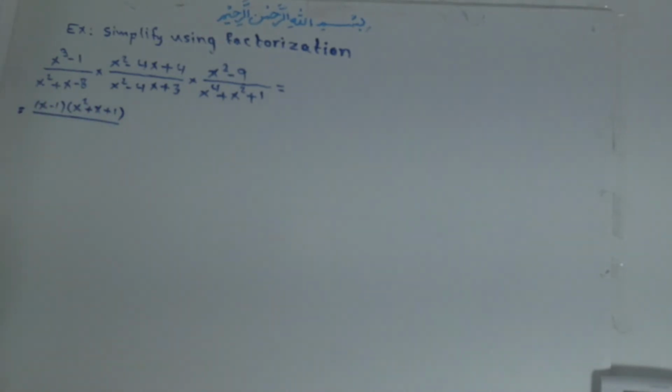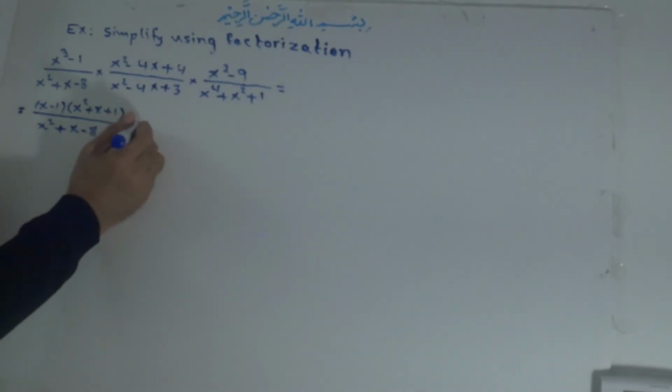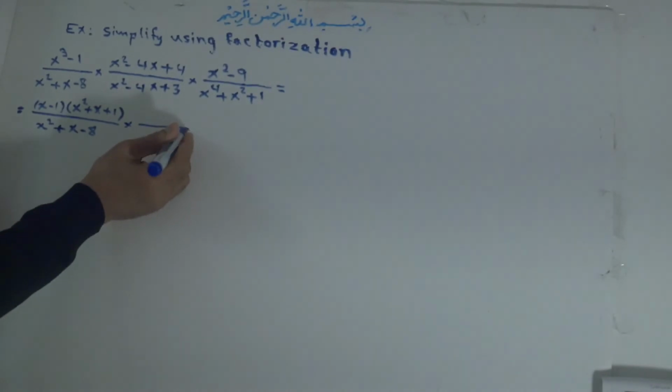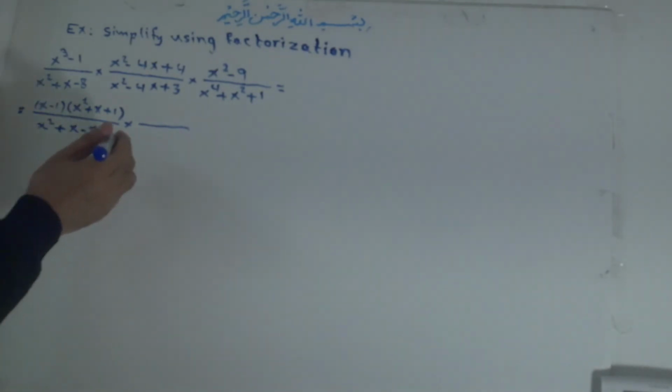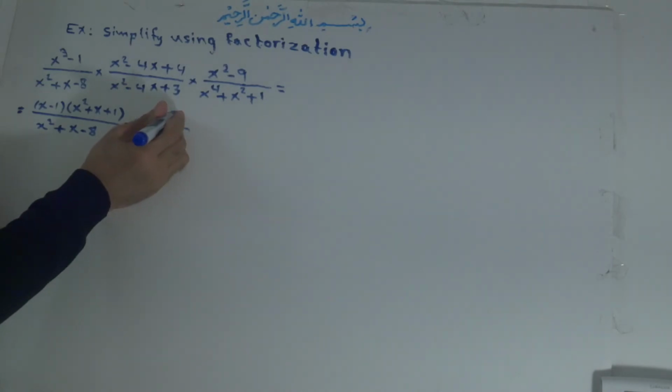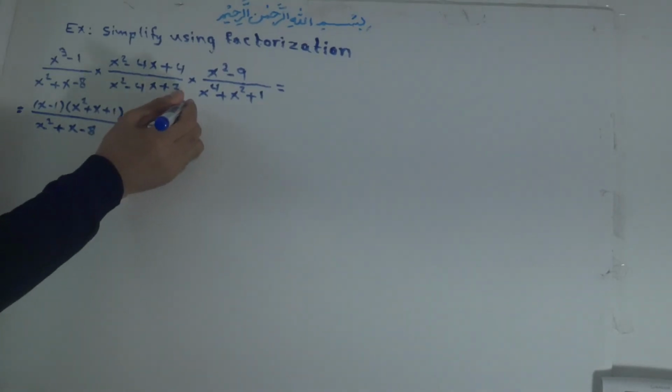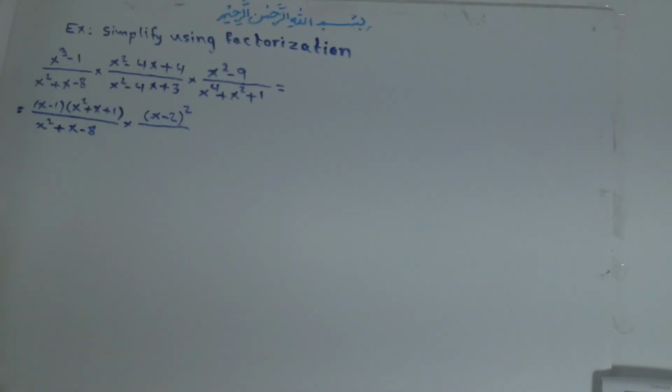And the denominator is not factorable. Denominator is x to the power of 2 plus x minus 8, times. This is a minus b whole square, that is equal to x minus 2 to the power of 2, or x minus 2 times x minus 2. You can write both.